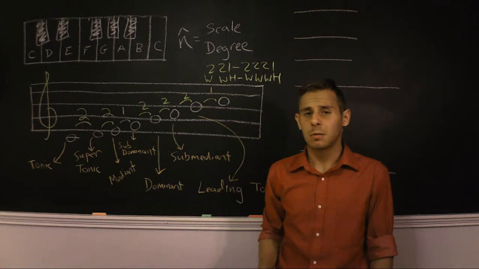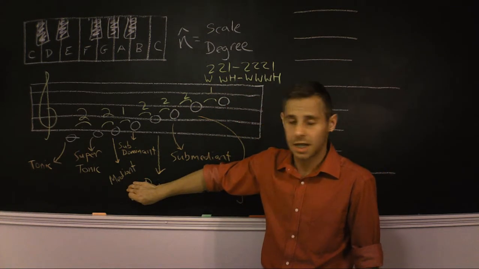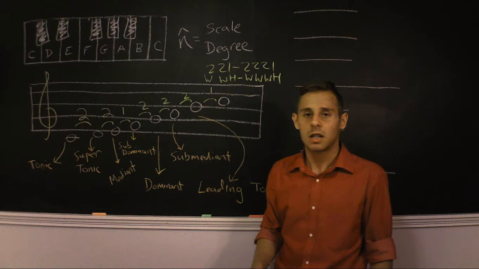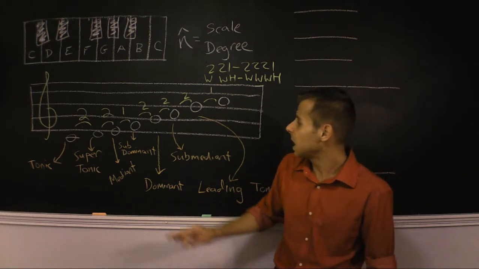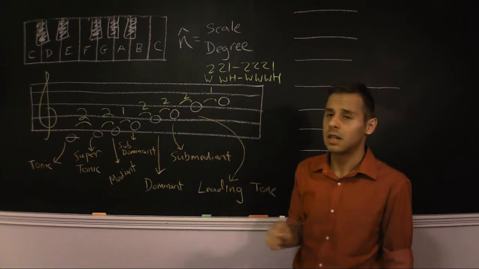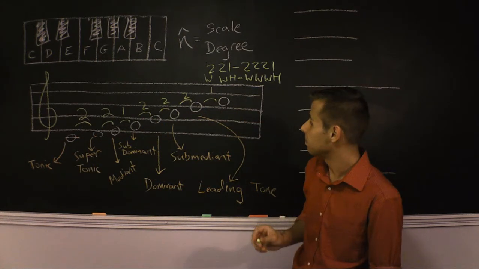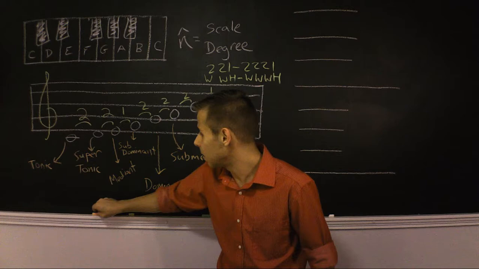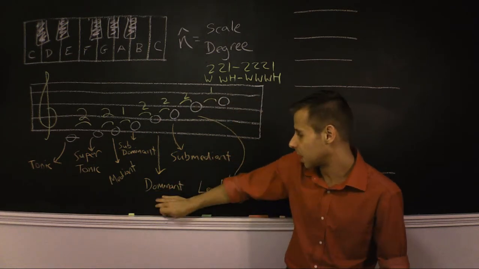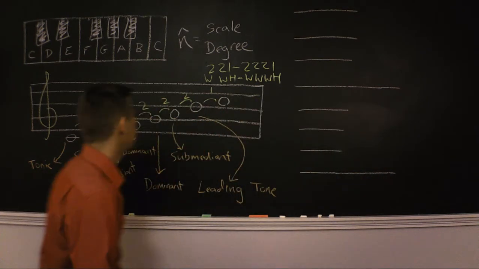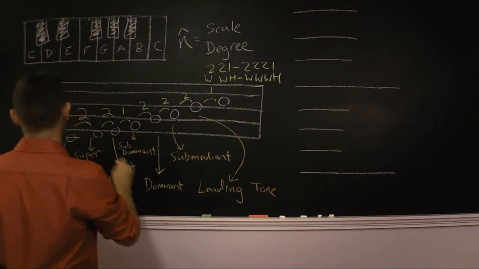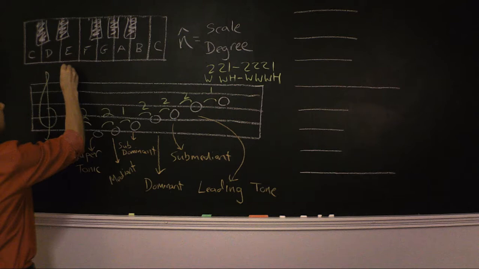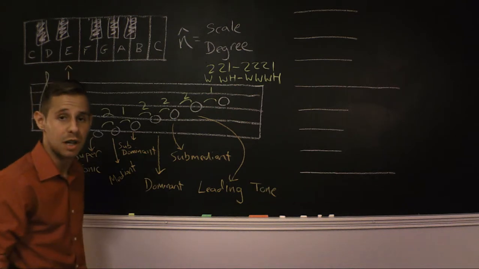Now, something we do to simplify these names, while they are quite useful, they are a bit clunky, cumbersome. So we like to simplify this. We can call each of these unique pitches by their scale degree. So I'll write these in above the notes, simply because I'm running out of room down here. But we start with scale degree 1, and we put this little hat above it. And that just signifies that it's a scale degree, not a finger number or a measure number.